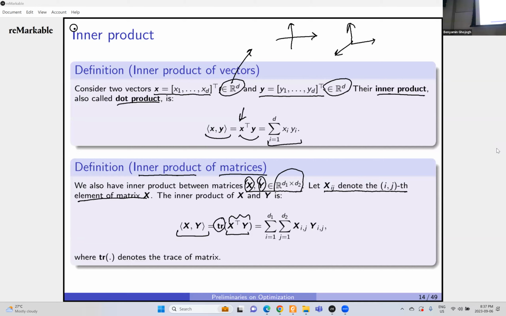X is a matrix, Y is a matrix, X transpose Y is a matrix. The output of an inner product should be a scalar. For converting a matrix to a scalar, I have to use a trace. However, for vectors, it was already a scalar. Then you can see it as the multiplication of the corresponding elements and summing up.